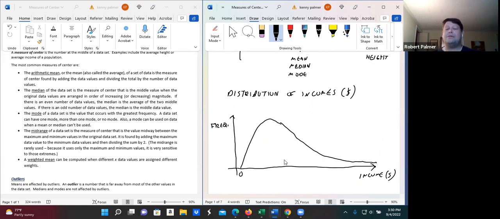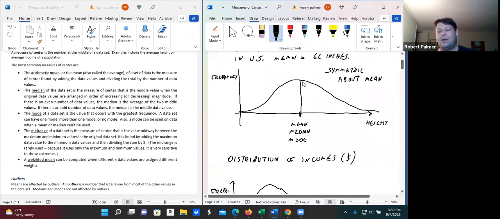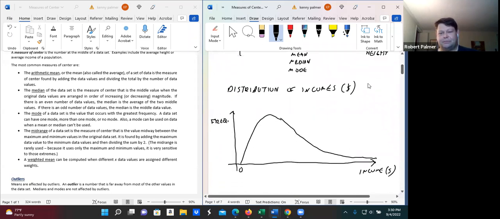Now, with a symmetric distribution like this, as we said, our mean, median, and mode are all right here in the middle. That's not going to be true in this case. Now our mode is going to be right here. That's the most frequently occurring value, so the most frequently occurring income.